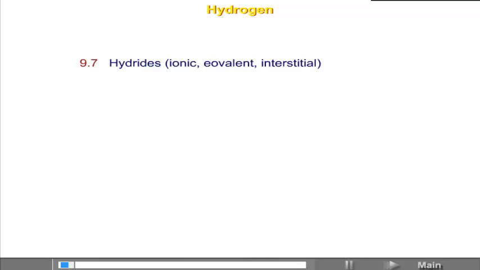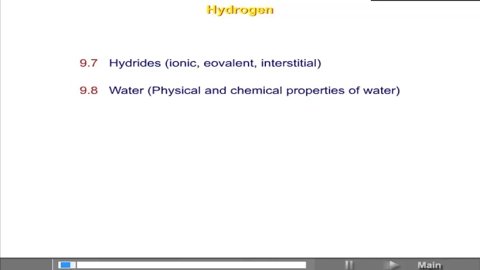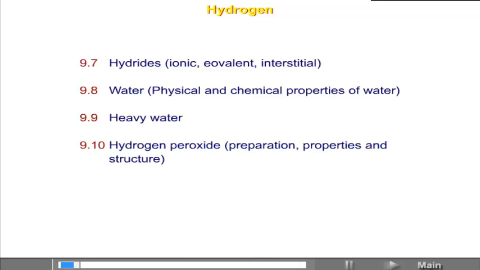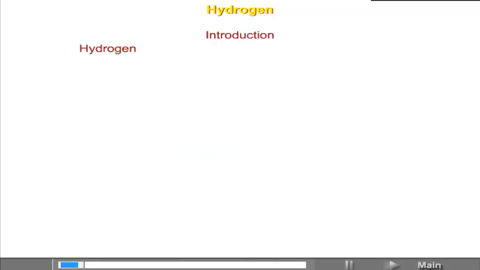Hydrides, that is ionic, covalent and interstitial. Water, physical and chemical properties of water. Heavy water. Hydrogen peroxide, that is preparation, properties and structure. Hydrogen as a fuel.